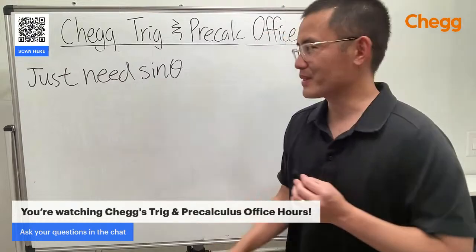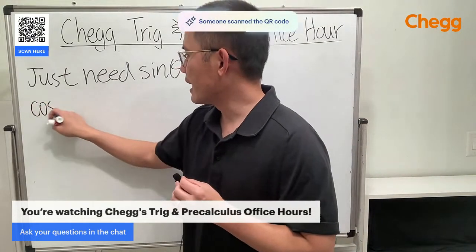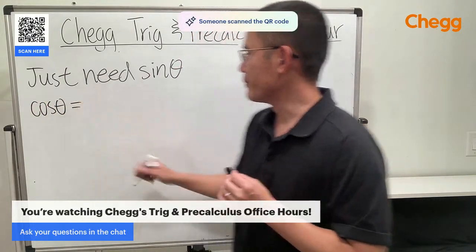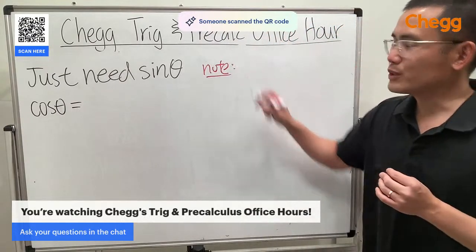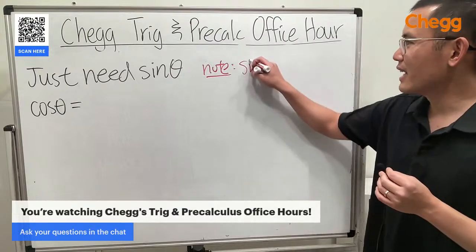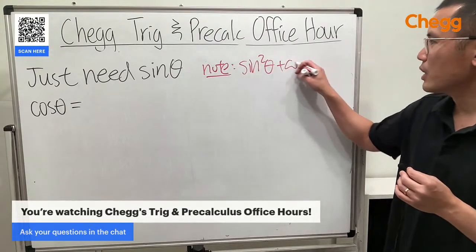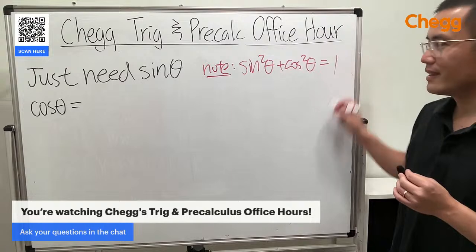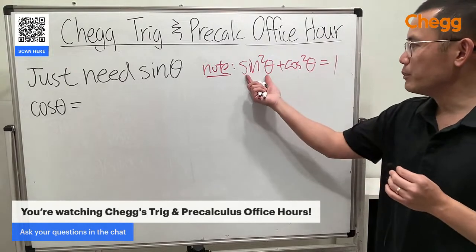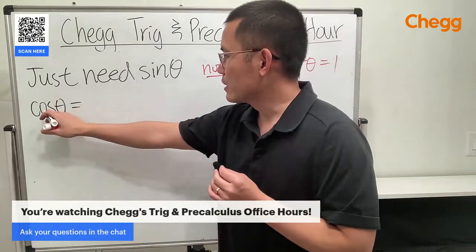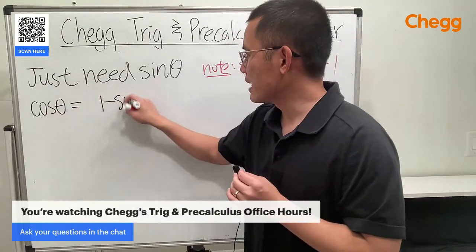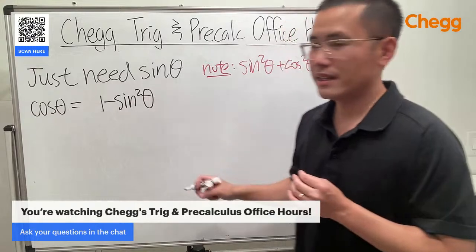Have a look. Because cosine theta, well, remember the most famous Pythagorean identity, sine squared theta plus cosine squared theta is equal to 1. So if I move this to the other side and take the square roots of both sides, we get cosine theta equals the square root of 1 minus sine squared theta.